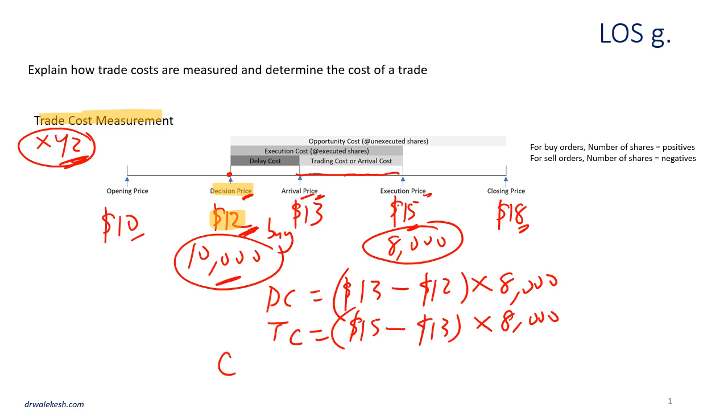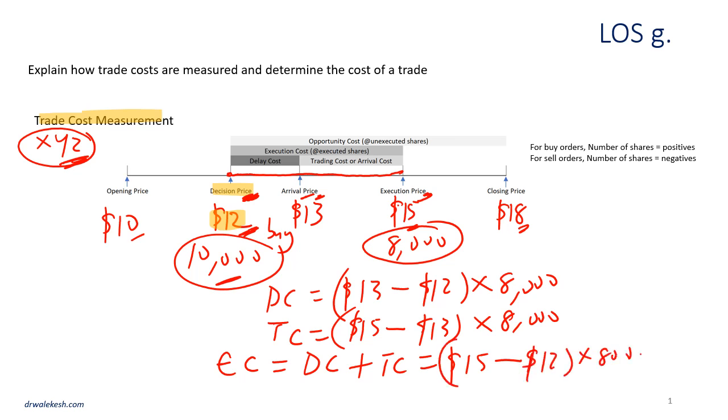Then we also have execution cost. Execution cost is just the addition of the delay cost plus the trading cost. Or I can just easily say that is the distance between execution price to decision price. That will be $15 minus $12 times the number of shares executed.